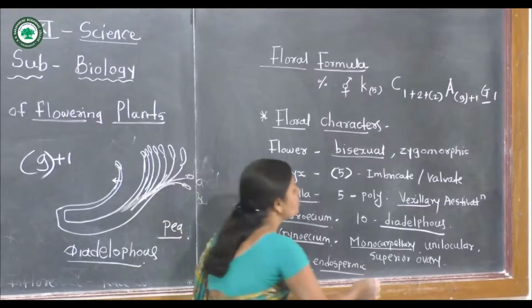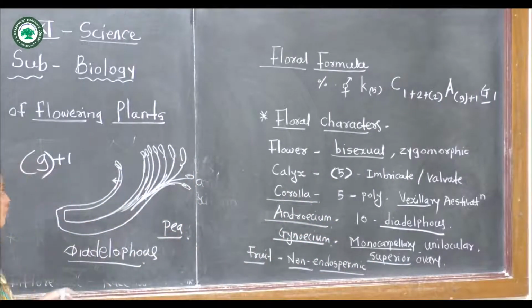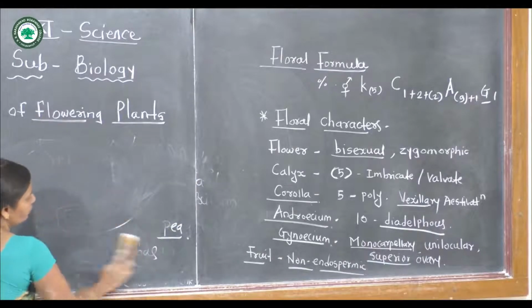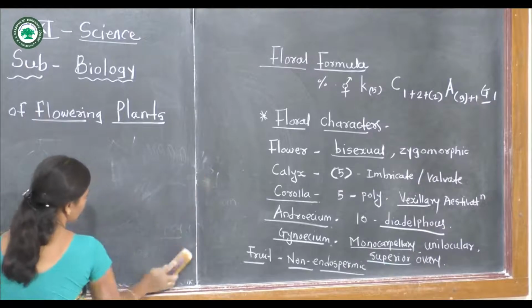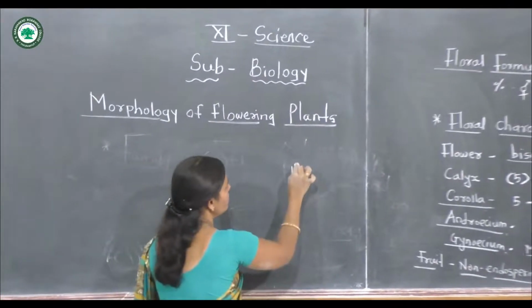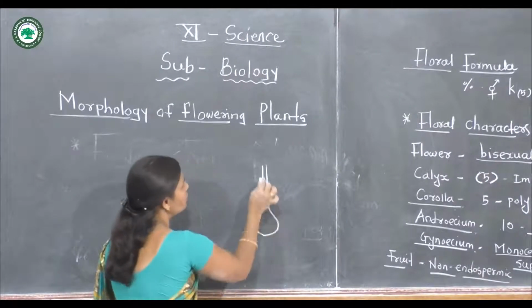Ovary is superior. What is the superior type of position of ovary? Superior ovary means this ovary is present at the superior position.